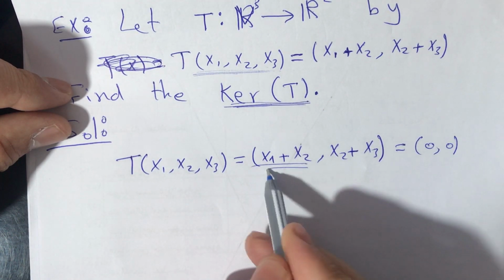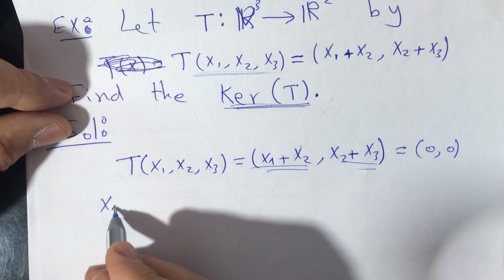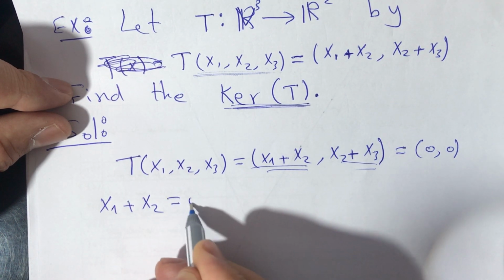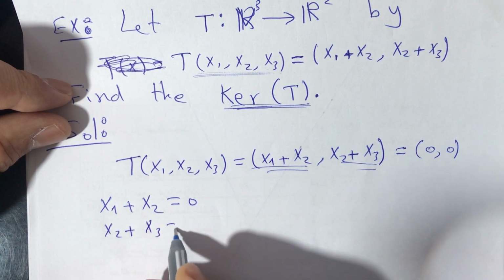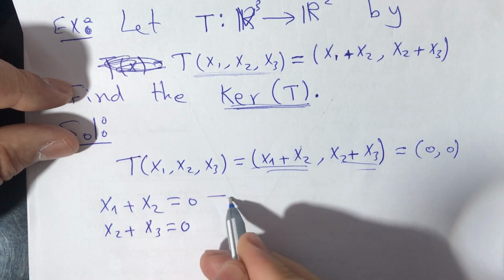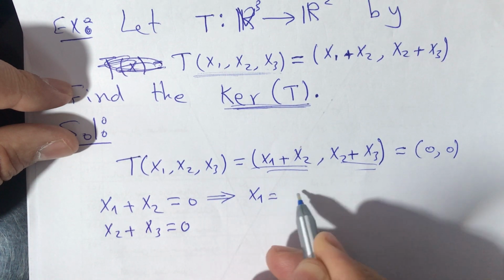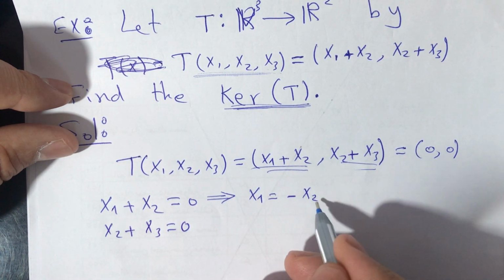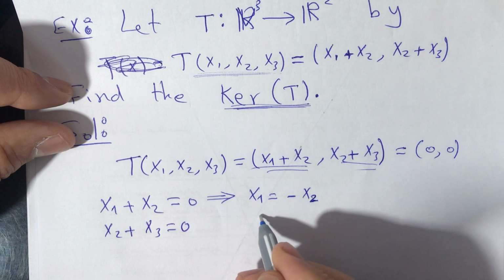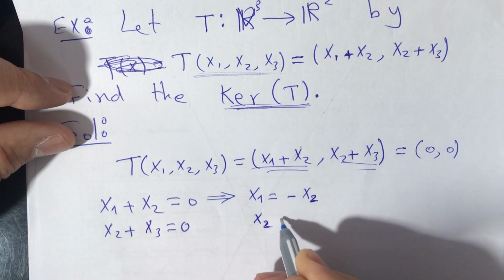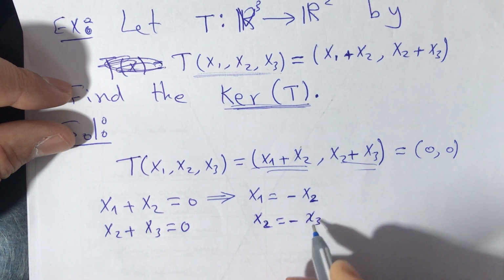And we get these equations: X1 plus X2 is equal to 0 and X2 plus X3 is equal to 0. From this, X1 is equal to minus X2 and X2 is equal to minus X3.